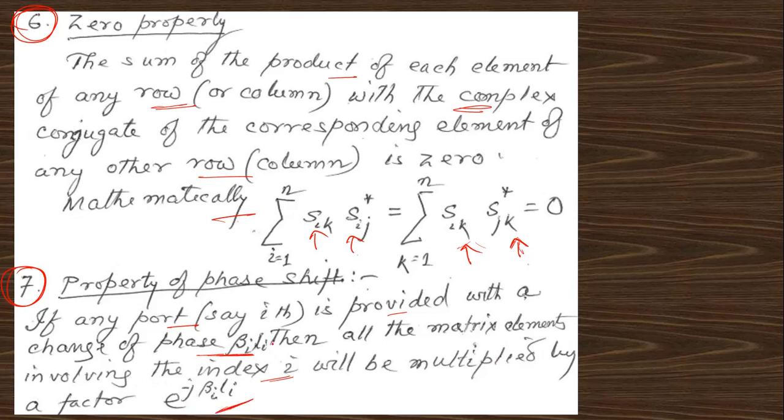So this is the phase shift term, and it will be multiplied to each matrix element, which means all the elements will be phase shifted with this phase shifter.